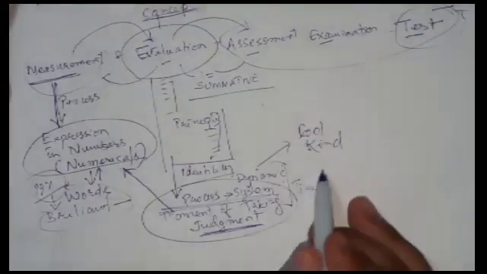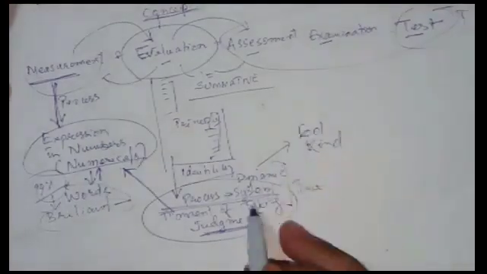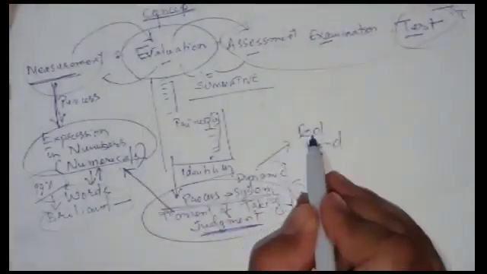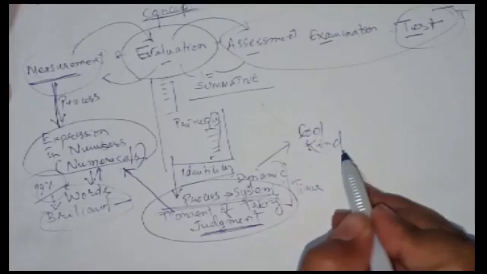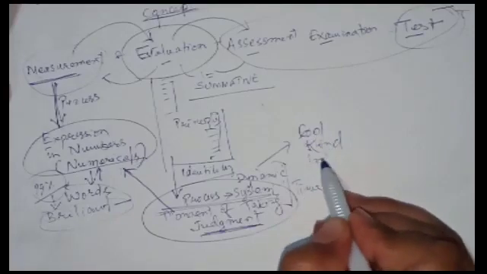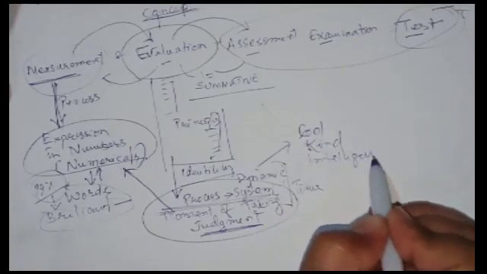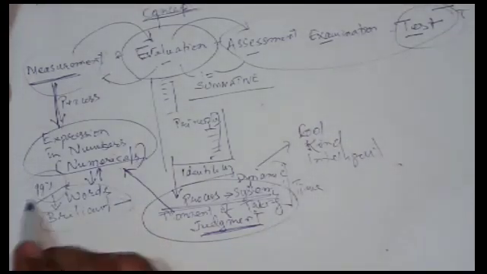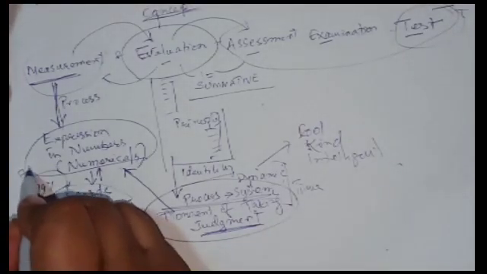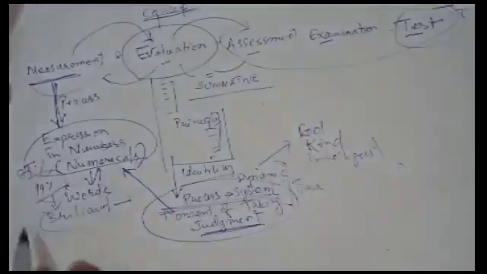So one way is to express it as cool, kind, intelligent, smart, or we can express it as 99%, 75%, 85%, and so on.